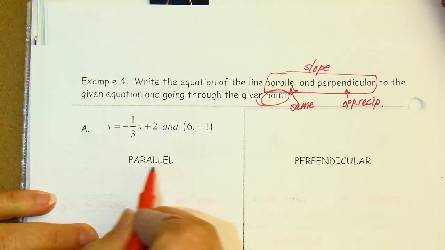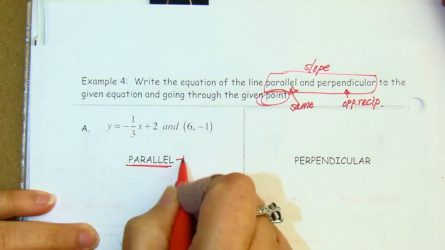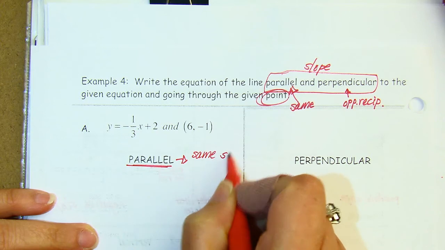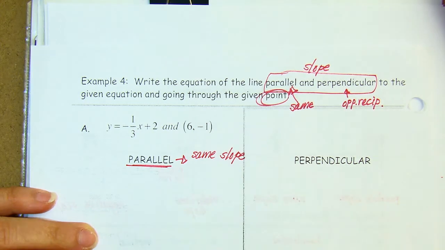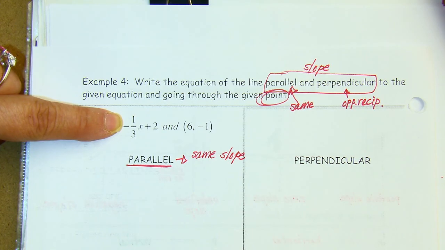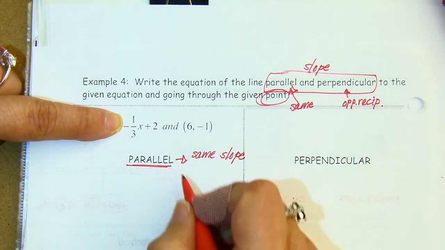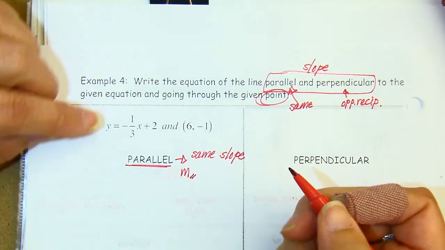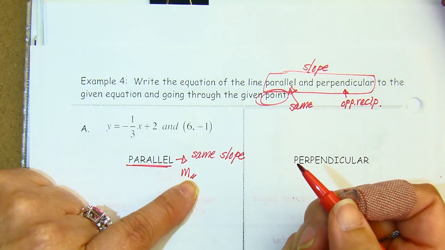So if I'm writing a line that's parallel, you should be saying to yourself, this is the same slope. So if the slope of the given line is negative 1/3, then the slope of the parallel line is also negative 1/3. I like to give a little subscript of parallel. Those of you that had geometry, that's the symbol for parallel.